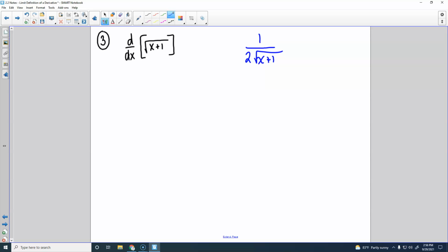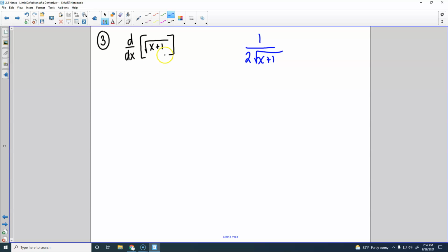Here's some different notation you might see. So this right here, d over dx, means take the derivative of. So d over dx of square root of x plus 1 means take the derivative of. It is the same directions as find f prime of x, but they're giving it to you in a different notation.